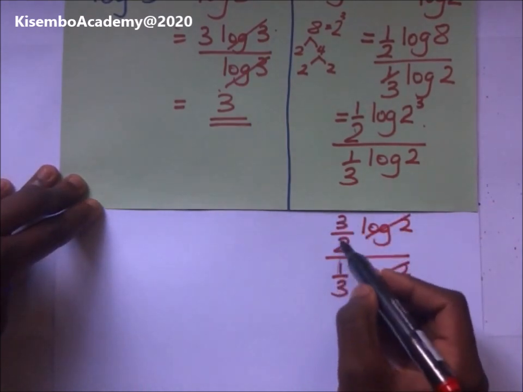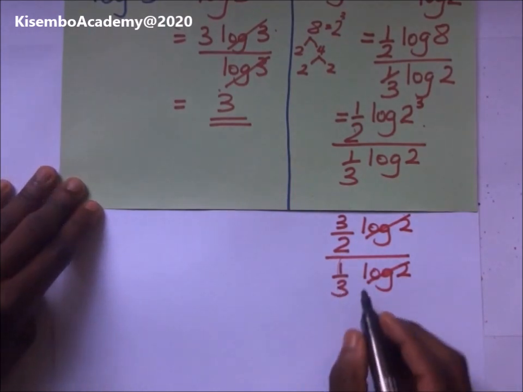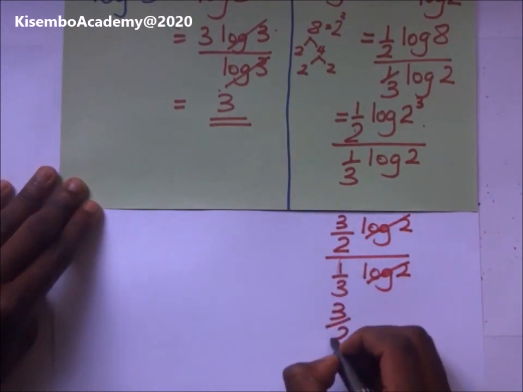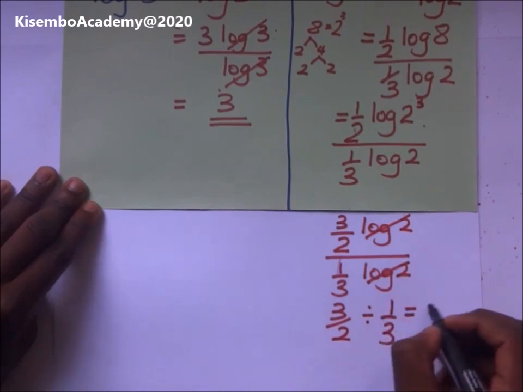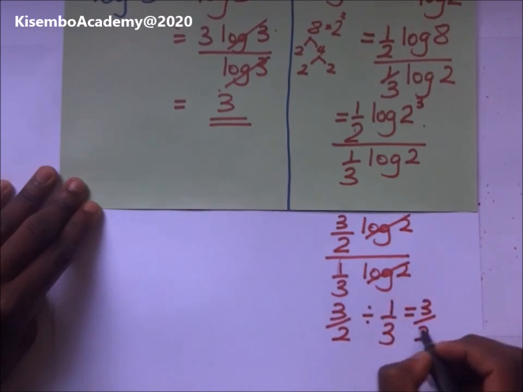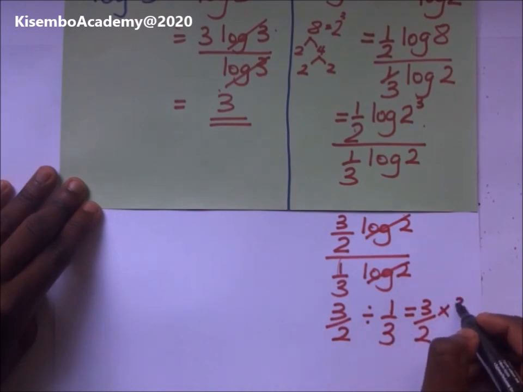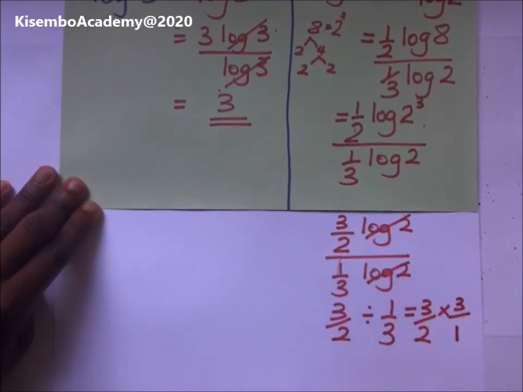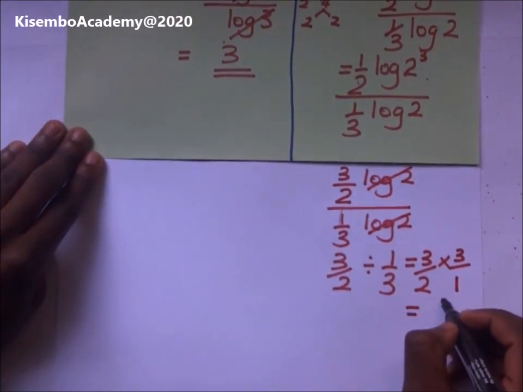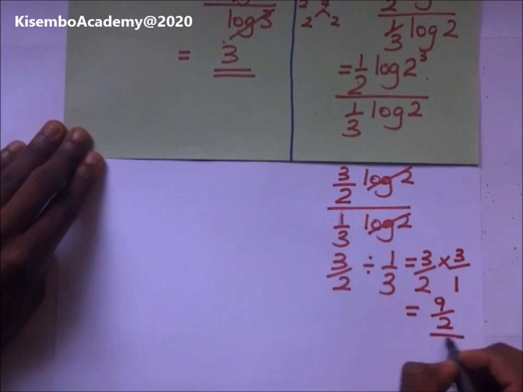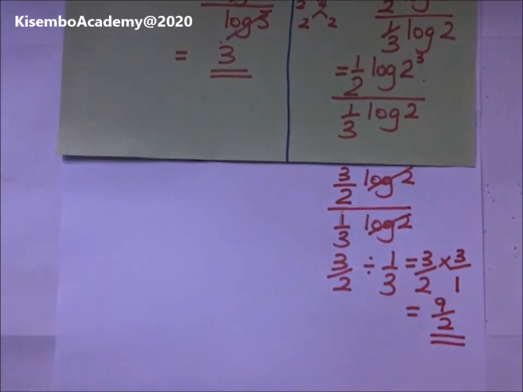You remain with 3 over 2 divided by a third. Now 3 over 2 divided by 1 over 3 is still going to be 3 over 2 times 3 over 1, and definitely our answer here will be 9 over 2. This brings us to the end of this worked example.